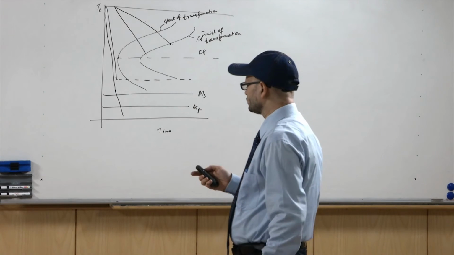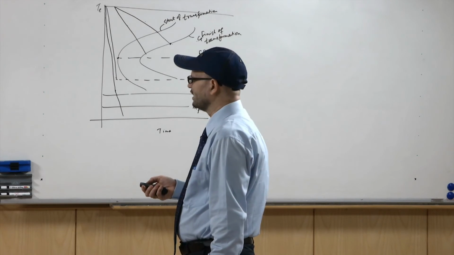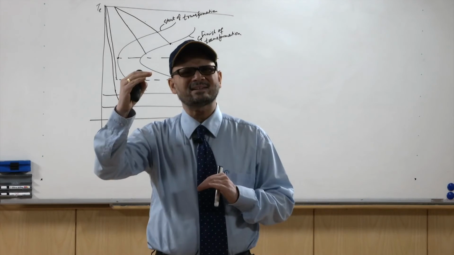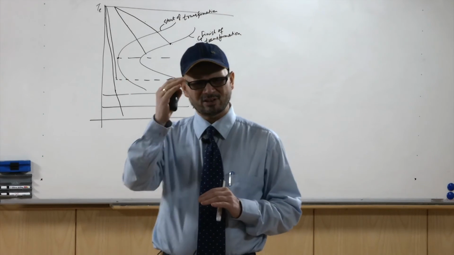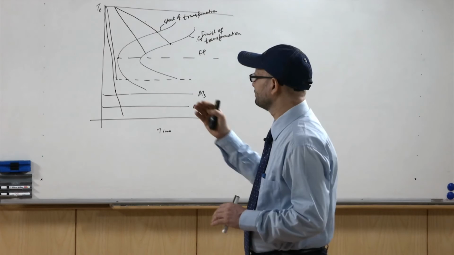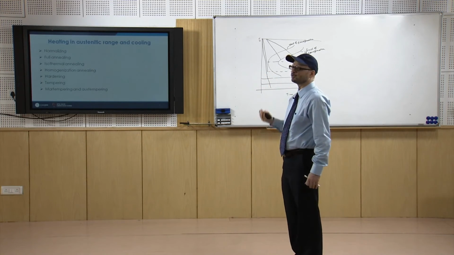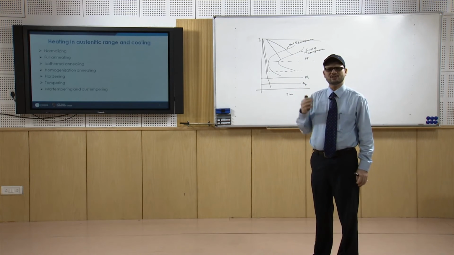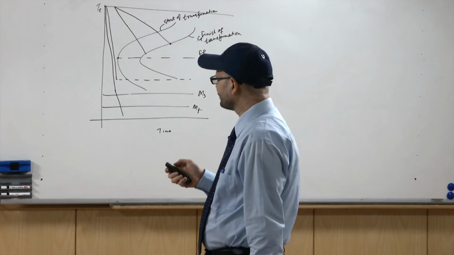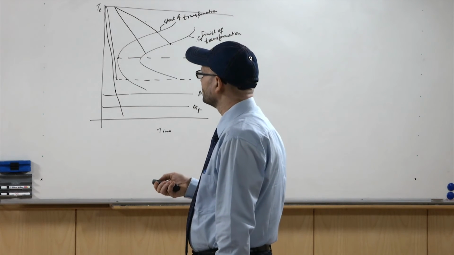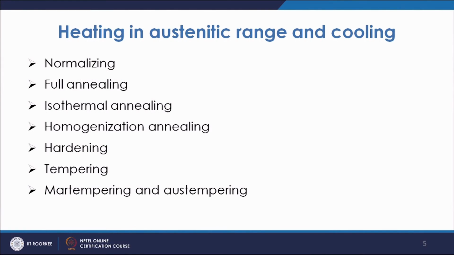In this process it goes to a higher temperature, is held there and then cooled in a very slow manner, which redistributes the alloying elements and also improves its plastic workability. So when we are going to deform the material plastically in stages, we do this homogenization annealing, in which its deformability or plastic workability increases.